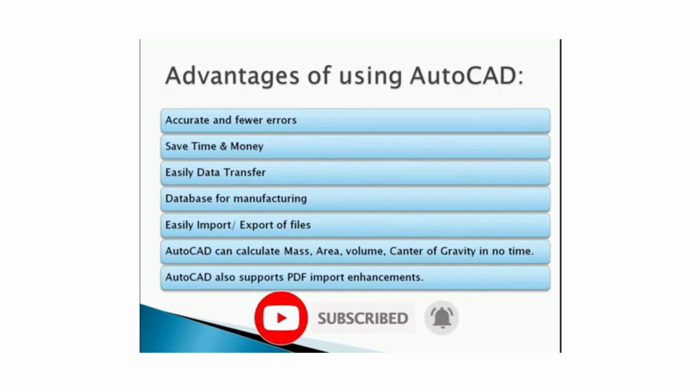So the second advantage of using AutoCAD is save time and money. As I have said, before implementing this software, all engineers used drafters and sheets. So it took too much time for a designer to design.